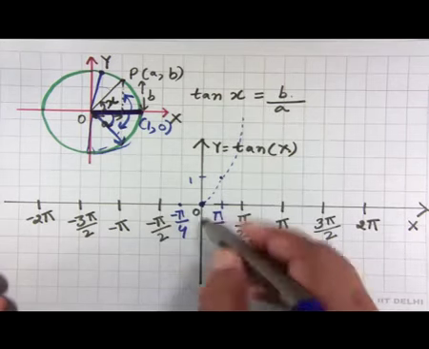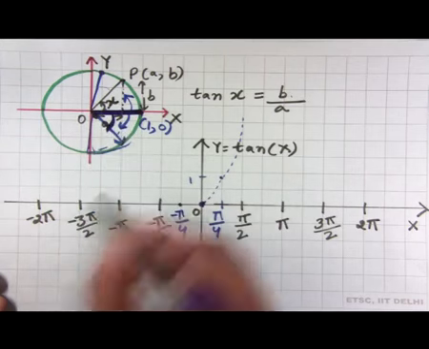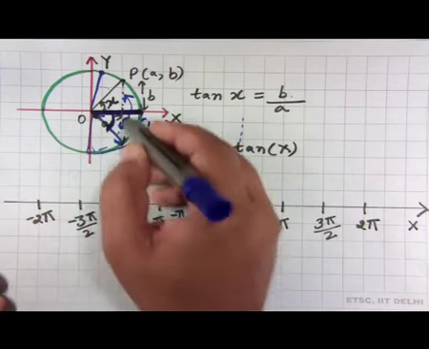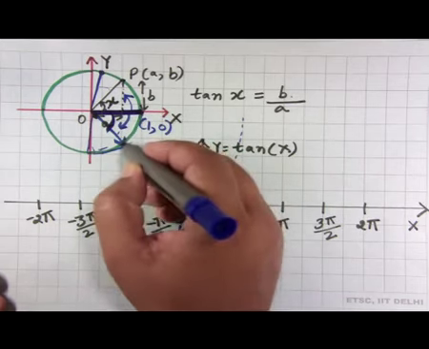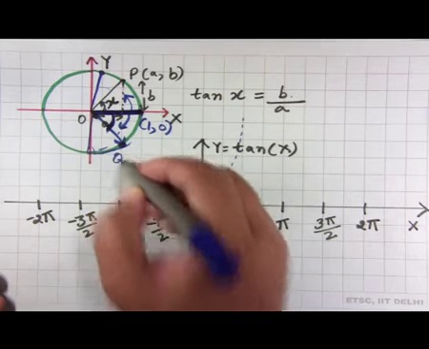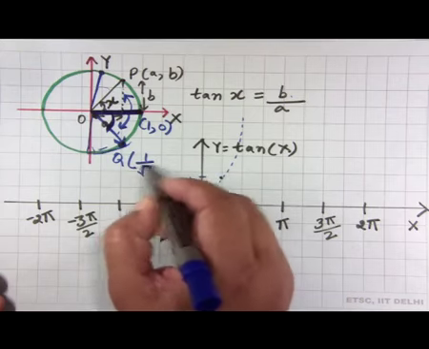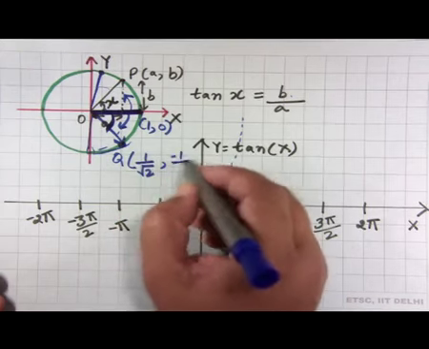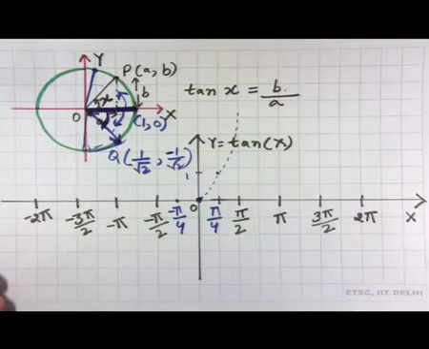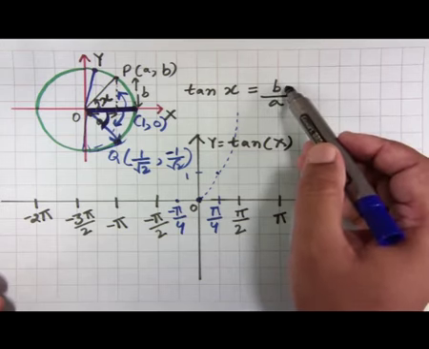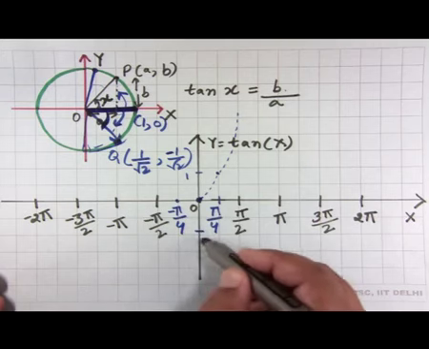If this angle is 45 degrees, then tan of minus 45 will be equal to minus 1, because for this point Q here, the x coordinate will be 1 by root 2, but the y coordinate will be minus 1 by root 2, because it is in the fourth quadrant. So when you take the ratio of minus 1 by root 2 divided by 1 by root 2, you get minus 1, which is somewhere here.